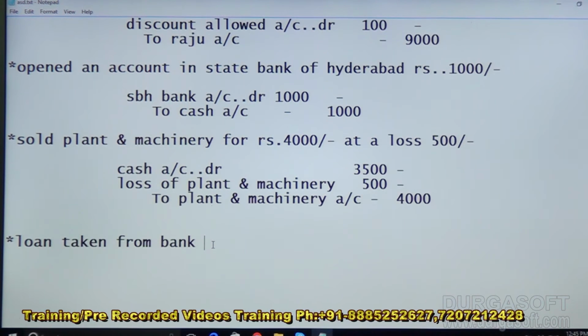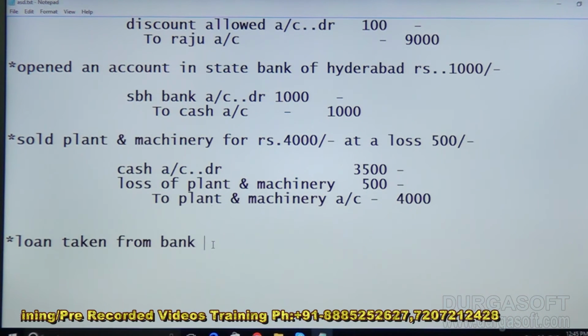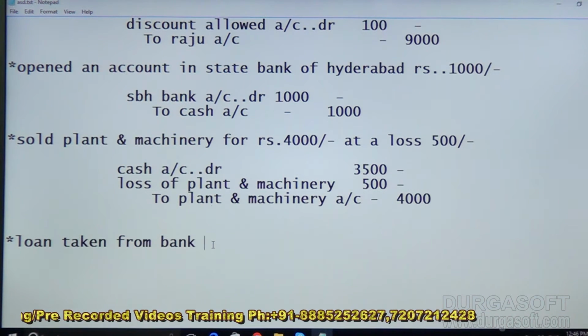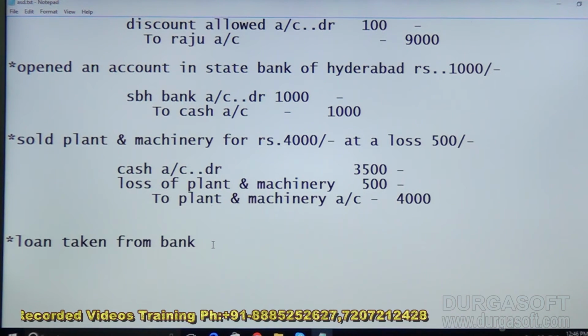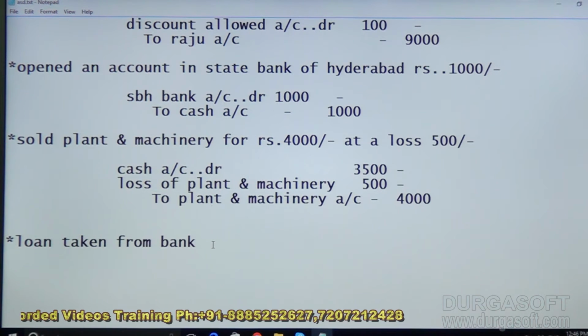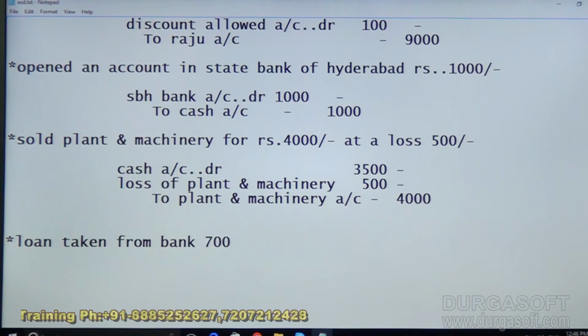But in any stock basis or loan basis, or payment expenses, if the word bank is present, we should mention it as cash. If a bank name is present, we should mention it as the bank name. Loan taken from bank, I'm writing here as 7,000 rupees. What is the entry?